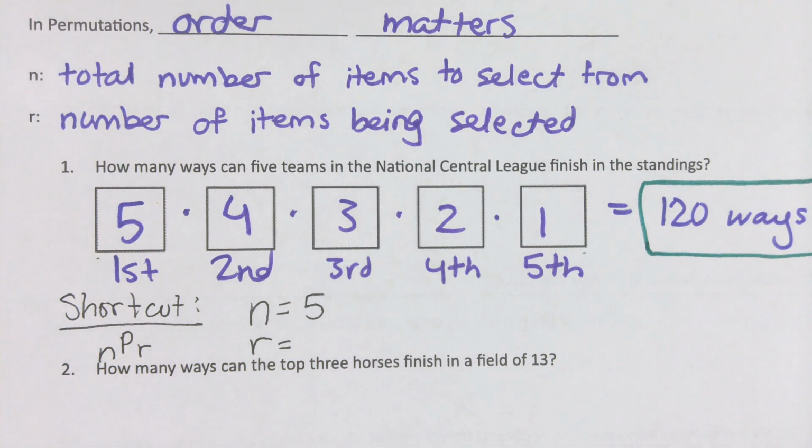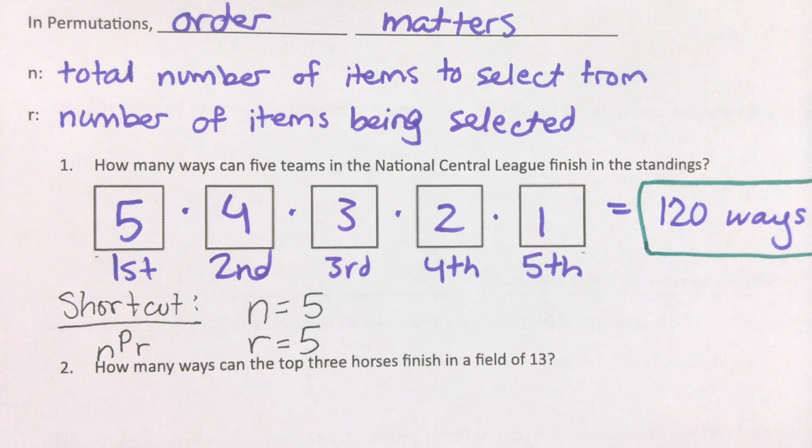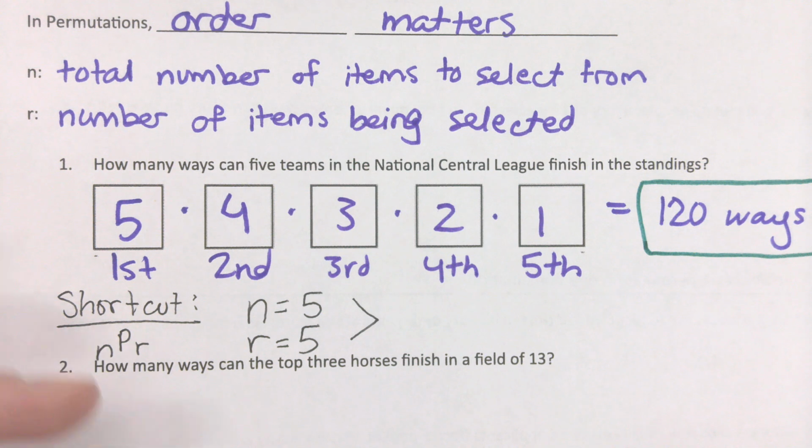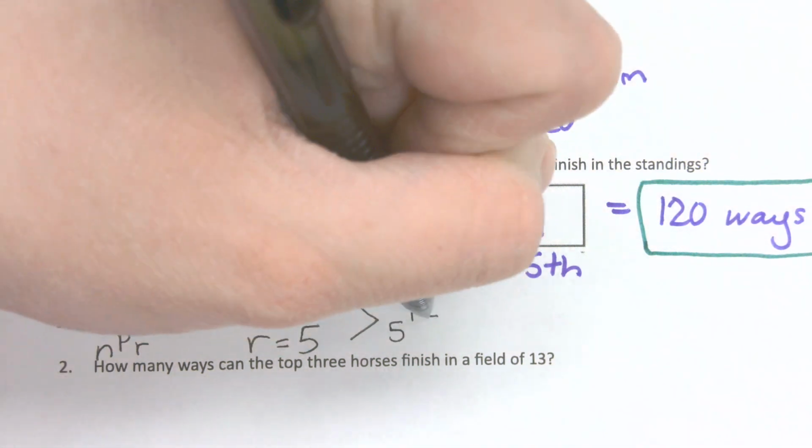Now this doesn't happen often, but we are taking all 5 teams and we're putting them in a position. So we're not choosing a smaller number of them, we're using all of them. r in this case is also 5. Putting it together, plugging it into the notation, we have 5P5.